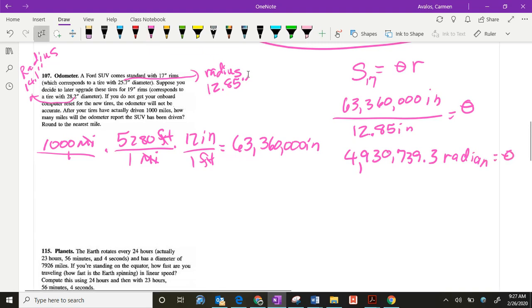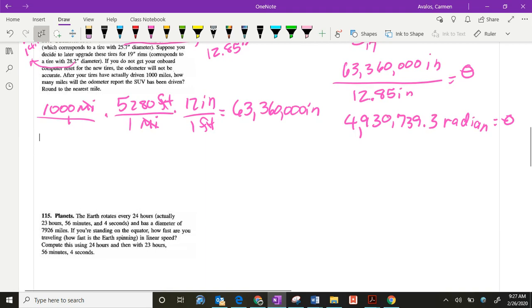So this means that all I did was take the inches, divide it over here, and so that is your theta, and that's the angle that's being made in 1,000 miles. That's how many radians was made by a 17-inch tire. And so when we calculate S19, of theta r, the angle is still going to be the same because it's going to spin there, but the arc length is going to be different.